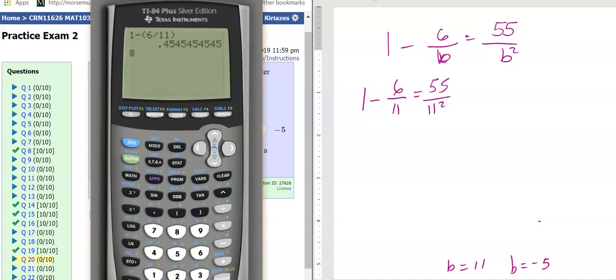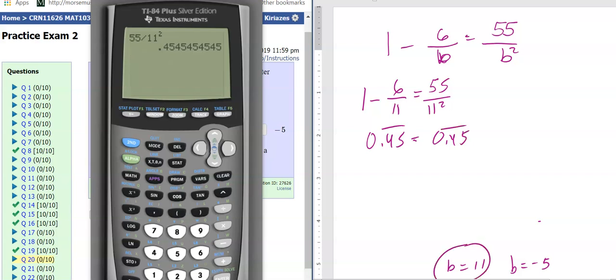And I just write down, oh, that's 0.45 repeating on this side. Now I do the right side. So 55, oops, not a 5, divided by 11 squared. Oh, 0.45 repeating. So 11 is a valid solution.